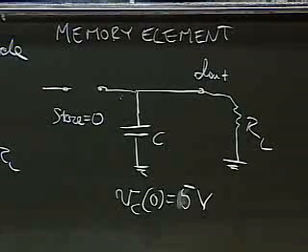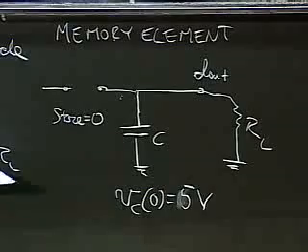And in fact, that's actually what happens in a dynamic RAM. The value on the capacitor is not stored forever. In fact, that's why we call it dynamic, because we have to come back and restore it every once in a while. Okay? So for how long are we going to store the charge? Okay, so what's the response of V sub C for t greater than 0 after the switch flipped?